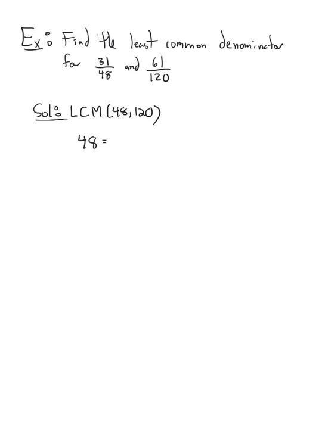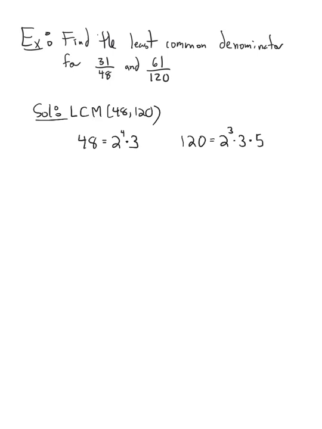48, you can write this, if you like, as 2 to the 4 times 3, and you can check that via a tree diagram if you like. And 120 can be written as 2 to the 3 times 3 times 5.